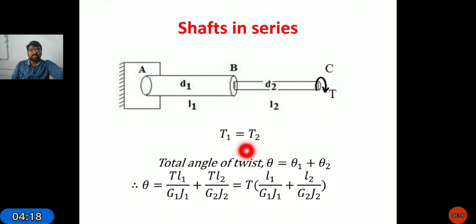Next, coming to the total angle of twist. The total angle of twist theta is equal to theta 1 plus theta 2. Here the theta value will change in shafts 1 and 2. We need to calculate the total angle of twist by substituting the values in 1 and 2.